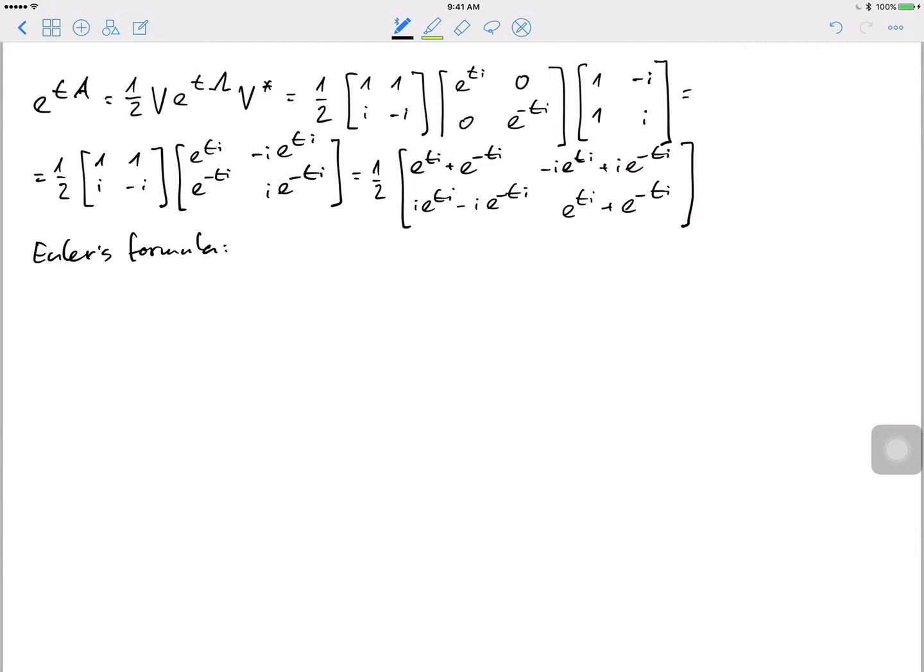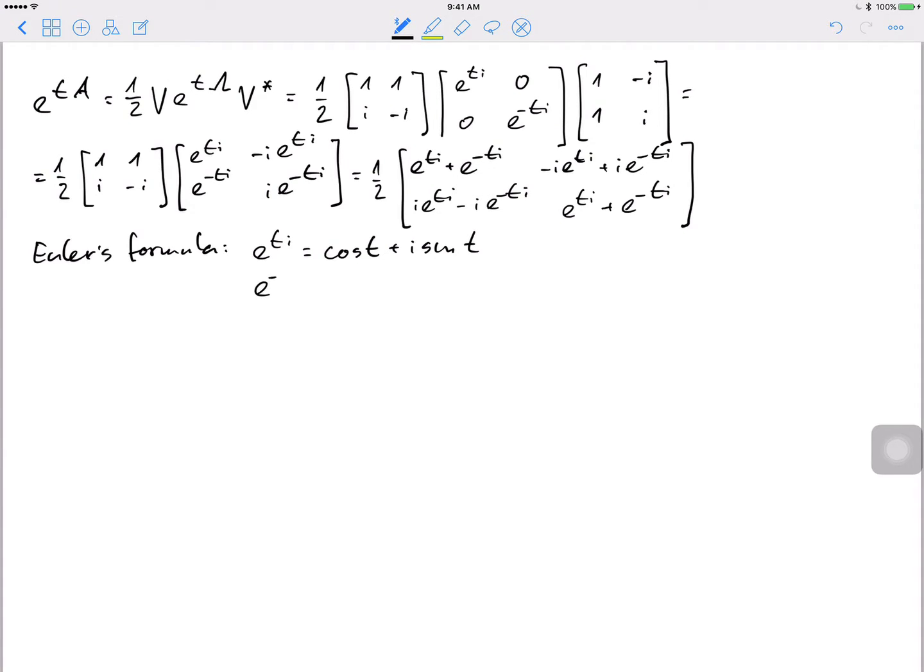Let me write it down: e^{it} equals cosine of t plus i sine of t. That's how we can actually get rid of all the complex things eventually.